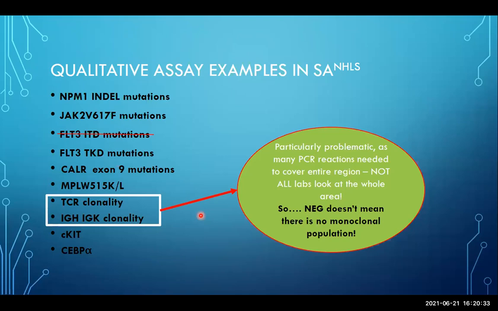I've definitely seen a couple of labs just choose spots that are commonly mutated. So the problem is that when you get a result that says negative, it basically means that the patient hasn't got one of the common monoclonal mutations. It definitely doesn't mean that there isn't a monoclonal population. So this is really important to be aware of.